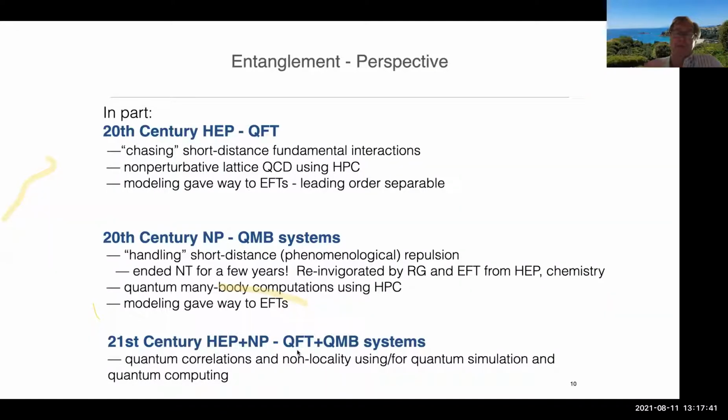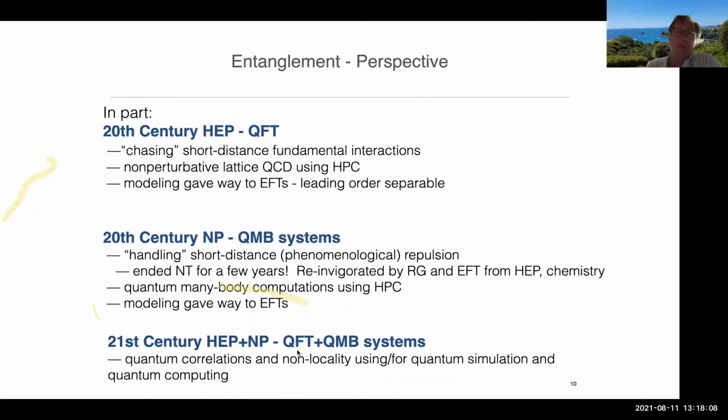On the other side, of course, was the development of lattice QCD and non-perturbative numerical techniques to solve effective field theories, the effective theory of QCD on a discretized spacetime using high performance computing. And there's 50 years worth of technology development there that's going to play an essential role in quantum simulation of these analogous systems.